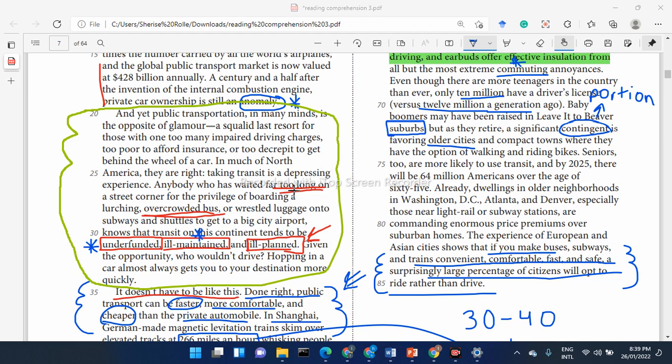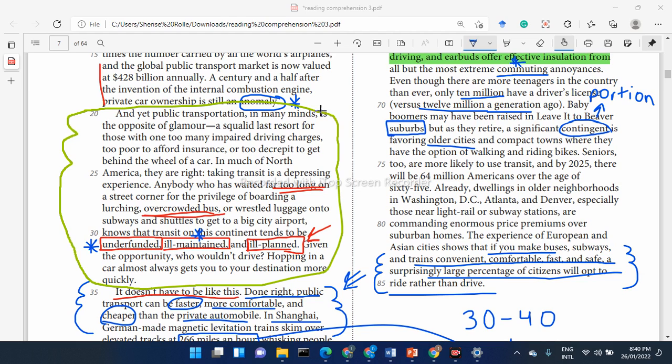Anybody who has waited too long on a street corner for the privilege of boarding a lurching, overcrowded bus, or wrestled luggage onto subways and shuttles to get to a big city airport knows that transit on this continent tends to be underfunded, ill-maintained, ill-planned. Given the opportunity, who wouldn't drive? Hopping into a car almost always gets you to your destination more quickly."